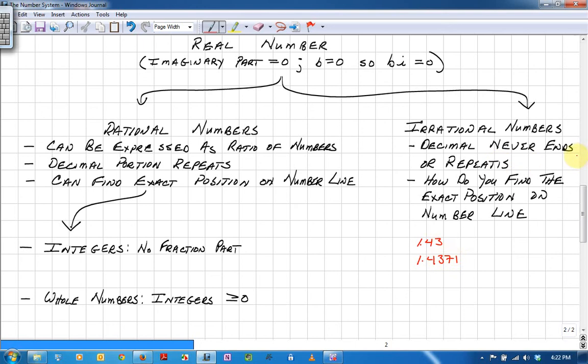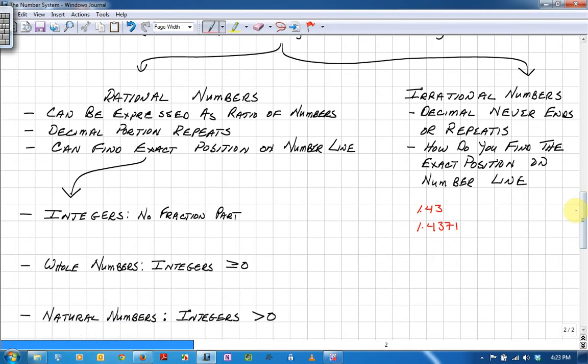That's an irrational number. Now the rational numbers, even though they could have a decimal part, are the numbers where, if they do have a decimal, it's going to end, or that decimal is going to be some sort of repeating decimal. So for example, the number 1.34 would be a rational number because it just stops at 4.